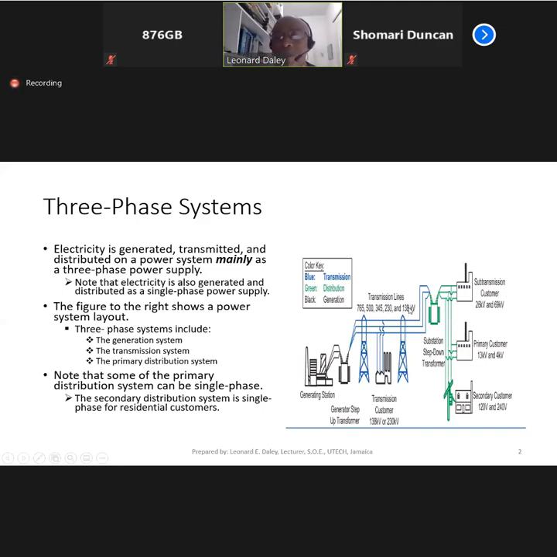So our transmission voltages are actually 138 and 69 kV. And then we distribute at lower voltages: 24 kV, 13.8 kV, 12 kV, 6.9 kV. I don't think we have any more 4 kVs.